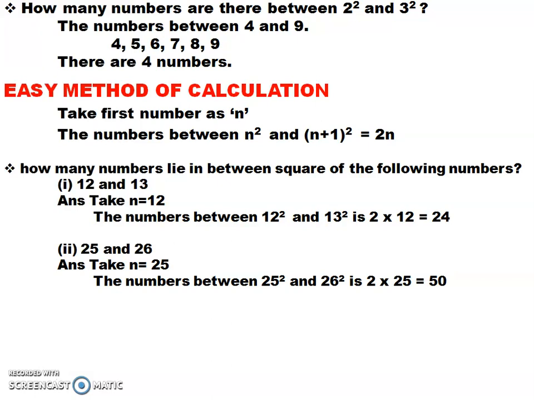What is 25 square? 225. And 26 square is 676. There are 50 numbers. Okay. We will discuss the next topic in the next video.